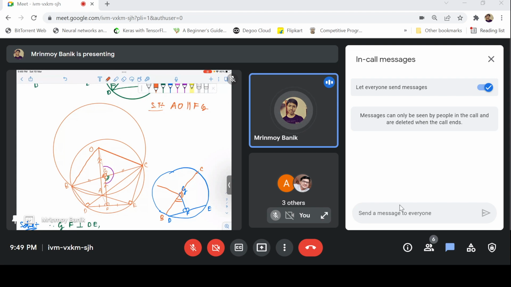This is 90, this is 90. These two angles are equal.